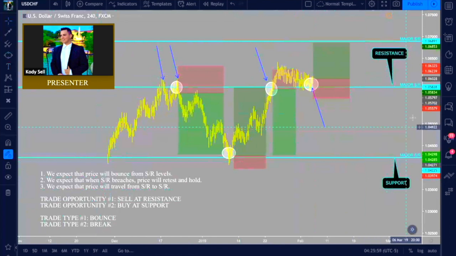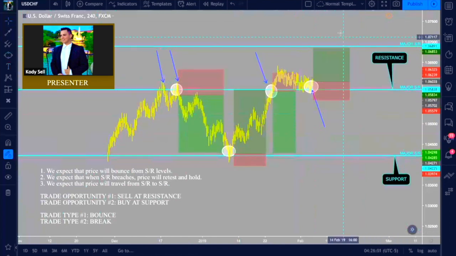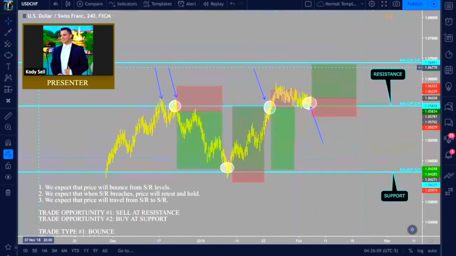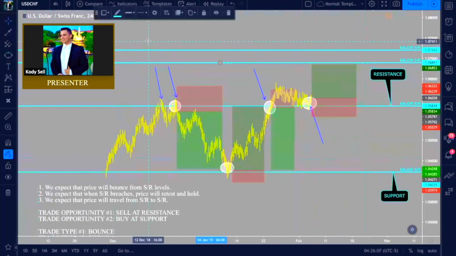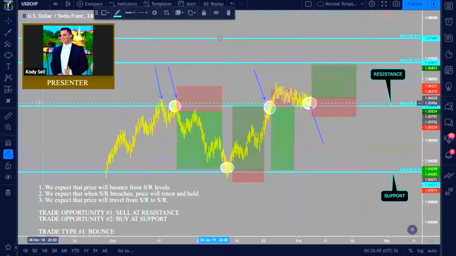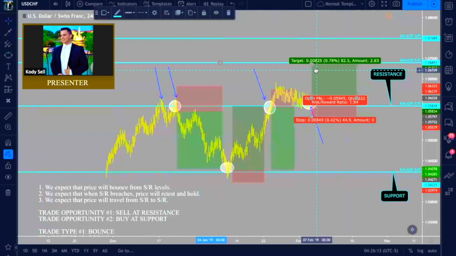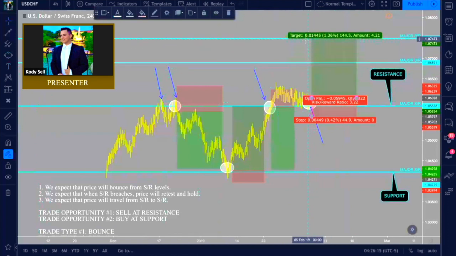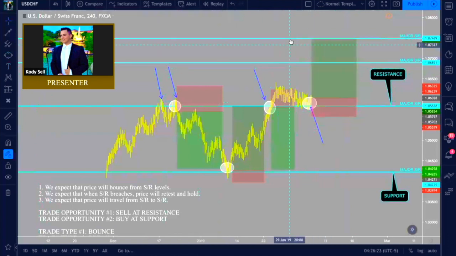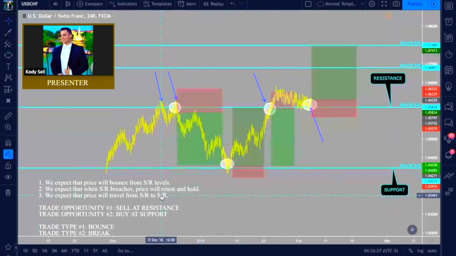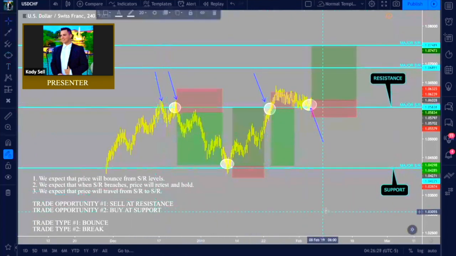Okay? Theoretical question. On this buy trade right here, let's say we've got several levels up here. Are you going to target this first level right here, or are you going to target the second level right here? What do our theories tell us about support and resistance? They tell us that price moves from one support and resistance level to another support and resistance level.